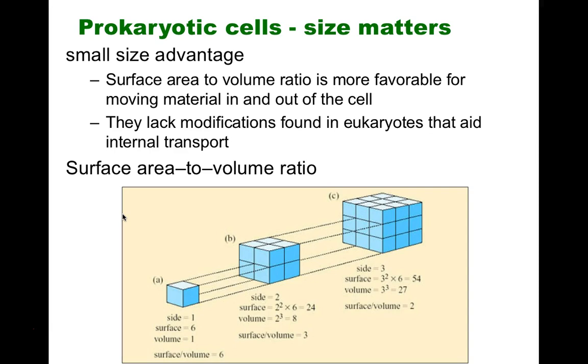The smaller the cell, the higher the surface area to volume ratio, and the easier it is to pass material into that cell to get to the center. The larger the cell, the smaller the surface area to volume ratio, which decreases how easily materials, food and water can get transported to the center of that cell.